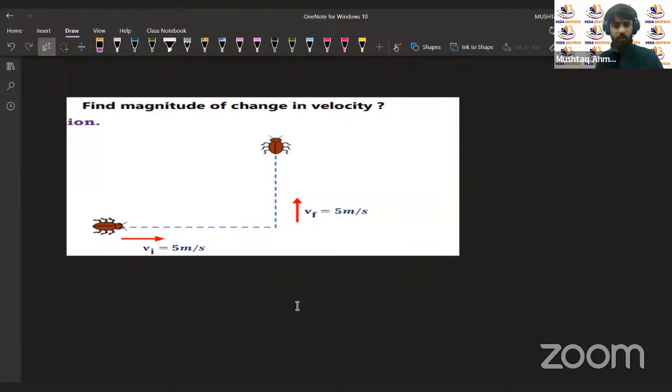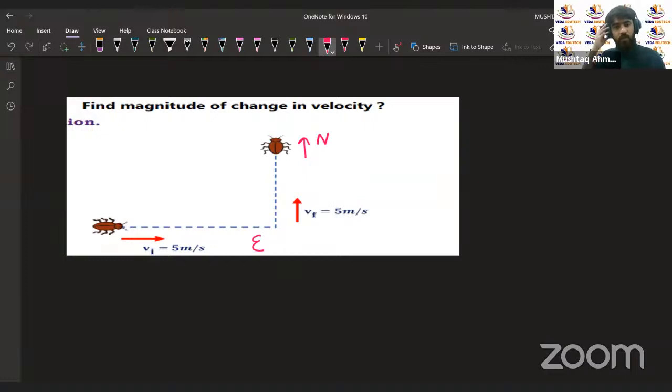And we also have a simple case here. Suppose that there is an insect in this figure which is moving in the horizontal direction along the positive x-axis. The initial velocity of this insect is given as 5 meter per second towards the east, and the final velocity is 5 meter per second towards the north.